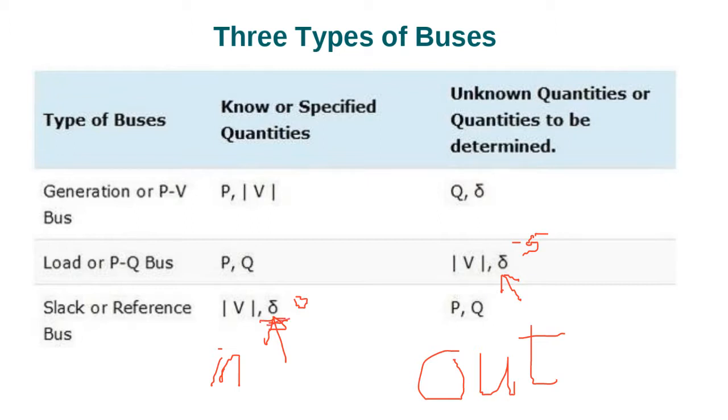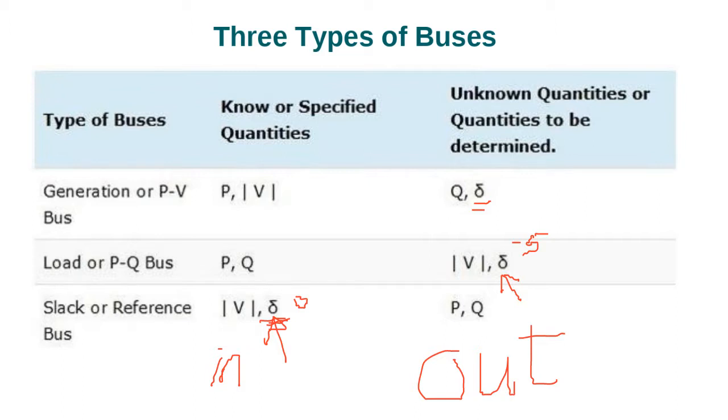So all the voltages are with respect to the slack bus. All the buses, again, with respect to the slack bus. If the slack bus is -5, it also will not necessarily be 0, but this is for convenience, so we set it as 0.